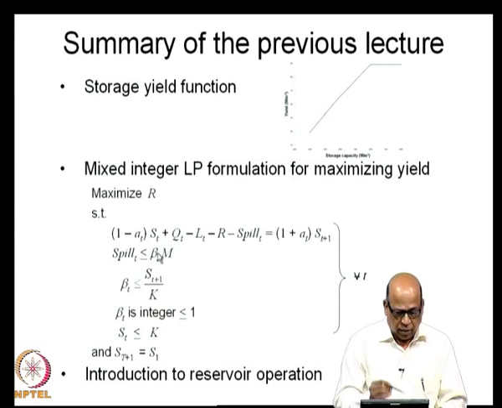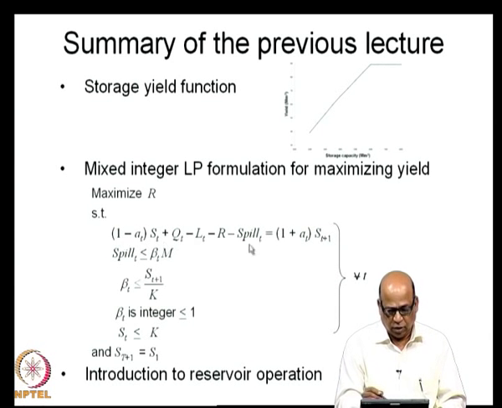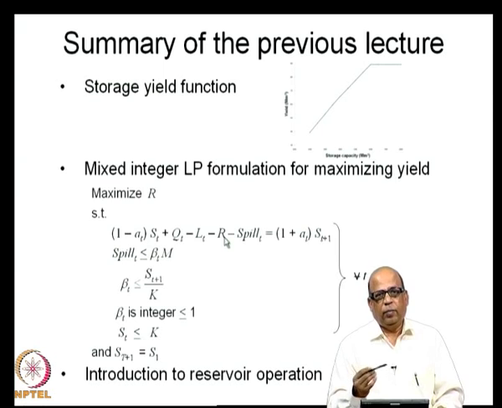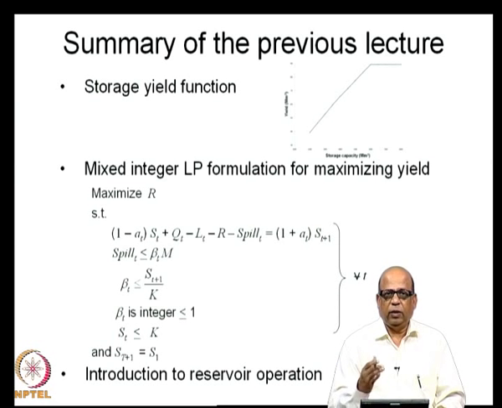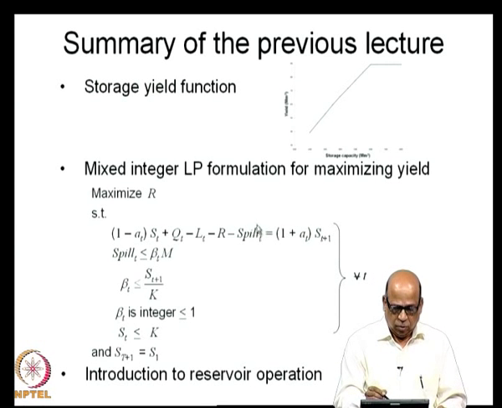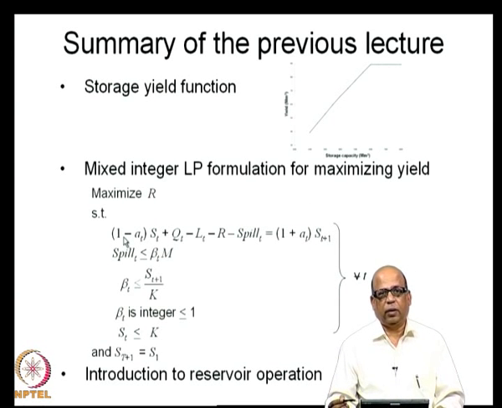When beta_t is 1, you want a non-zero value for spill, and to make sure that you can get it, you multiply beta_t by some large number M, so that you have the flexibility to choose spill_t to satisfy this correctly.